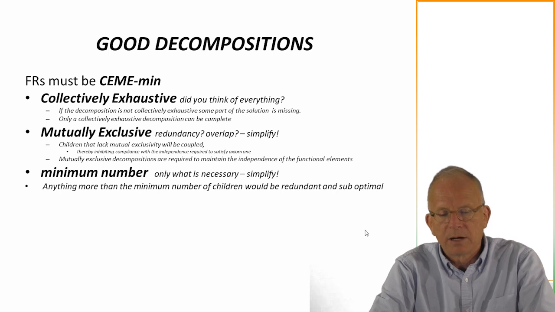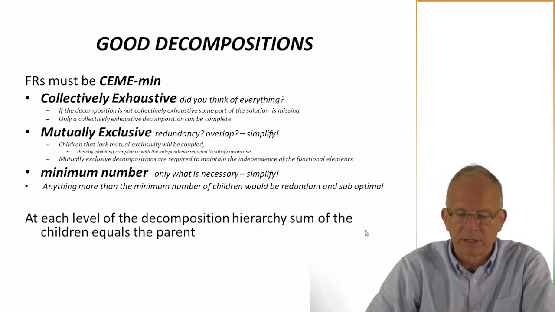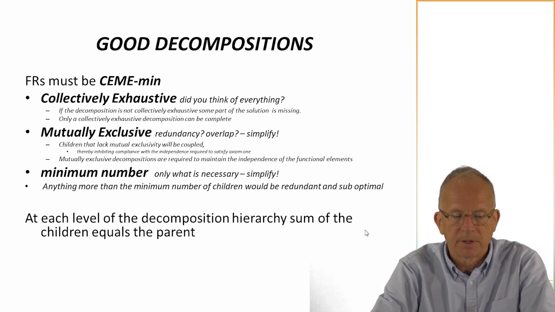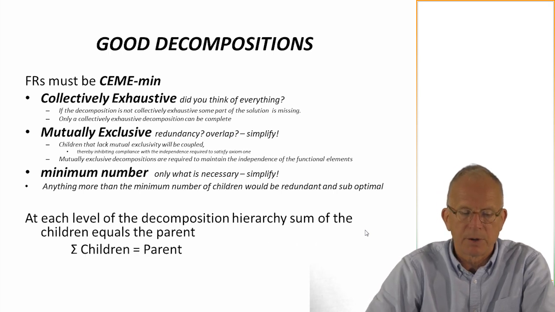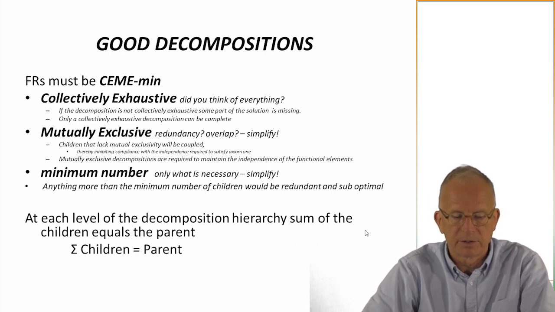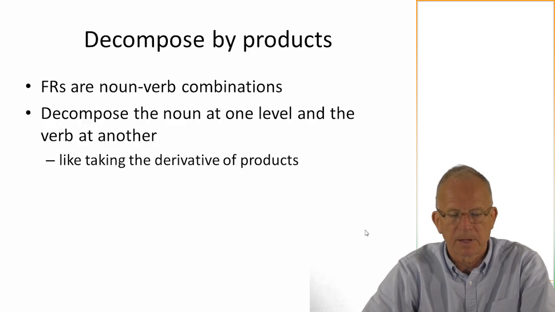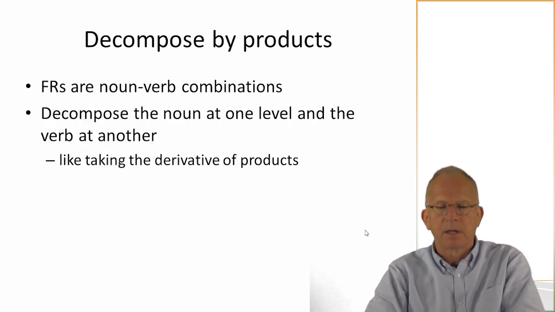Anything with more than the minimum number of children would be redundant and suboptimal. So at each level of the decomposition hierarchy, the sum of the children equals the parent, and this helps to ensure CDMA.